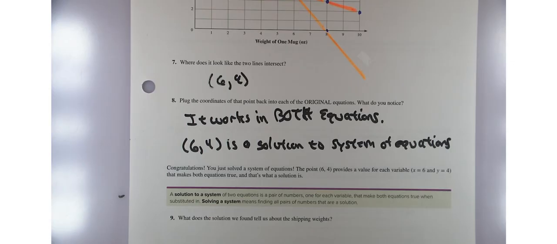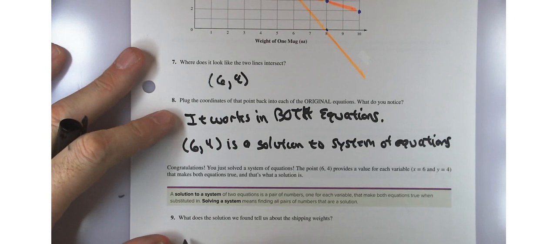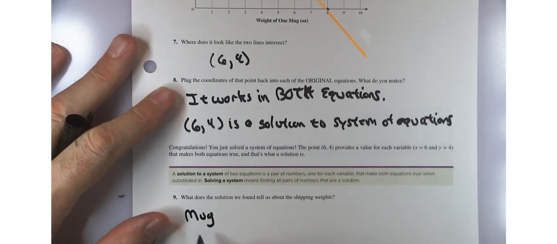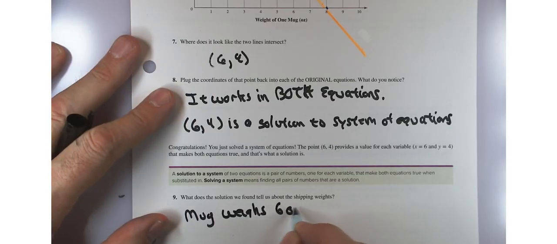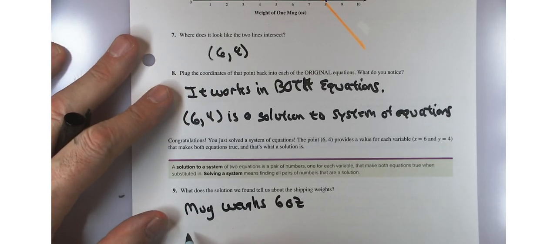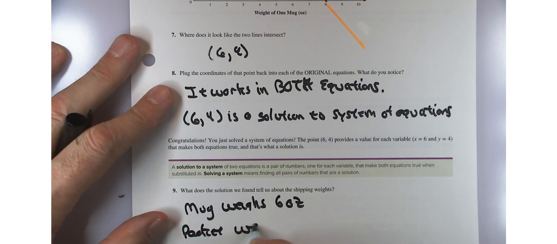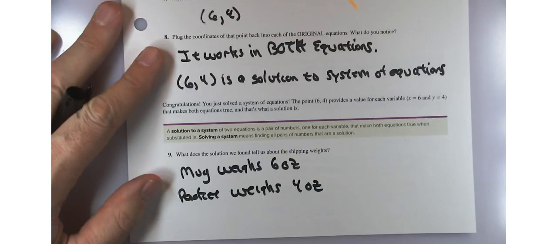How much does a mug weigh? A mug weighs 6 ounces. How about a packet? Four ounces. Nice.